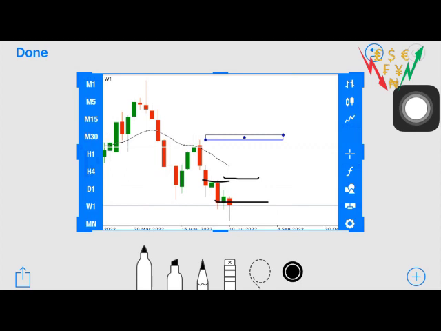This right here, and this, and this area, just the lowest point right here is a range, right? And what we can see here is that this is what is holding, because this previous one here has been broken. This candle broke the range.